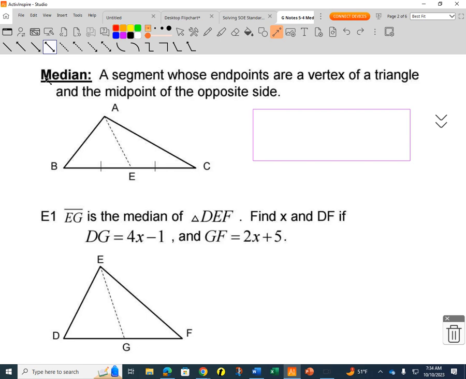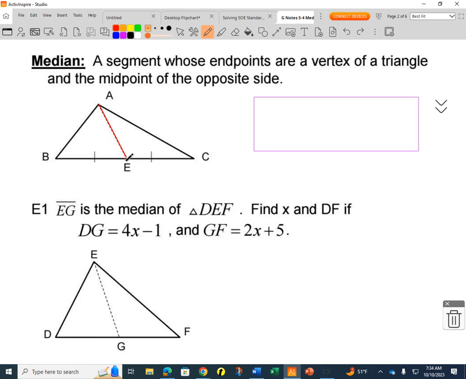It's not a line, it's a segment. It starts at a vertex and ends at a midpoint, or vice versa. So it's got to connect to a vertex and it's got to be the midpoint of the opposite side of that same vertex. We know this is the midpoint because they've marked BE congruent to CE.